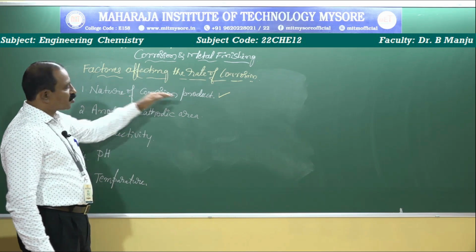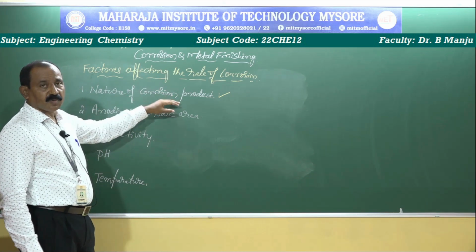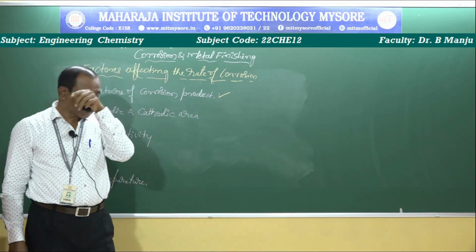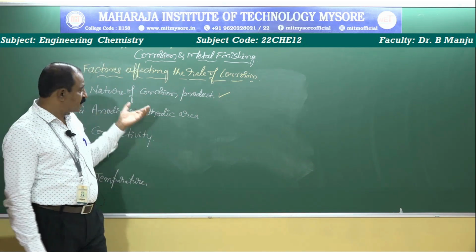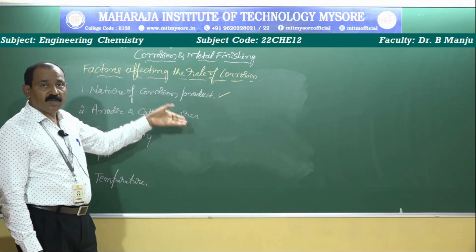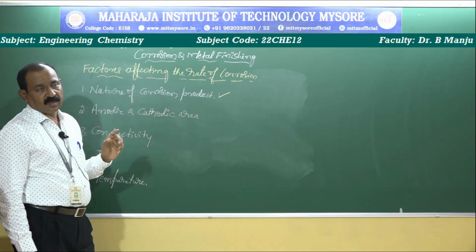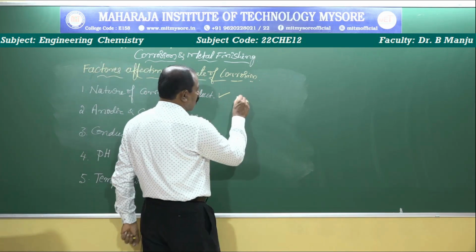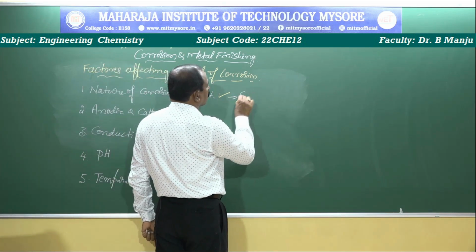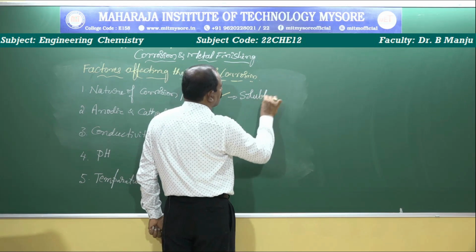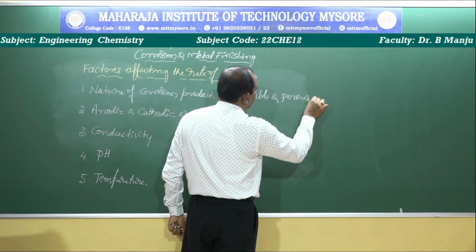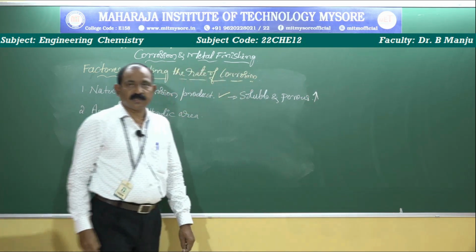The nature of corrosion product is oxide or rust. The primary product of corrosion is rust. Now if rust is soluble and porous, then the rate of corrosion increases.